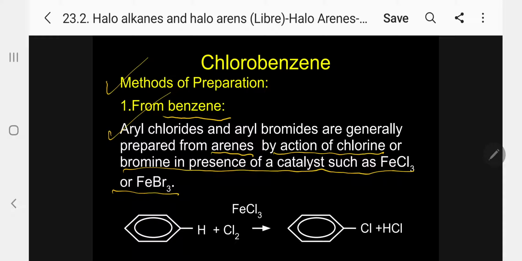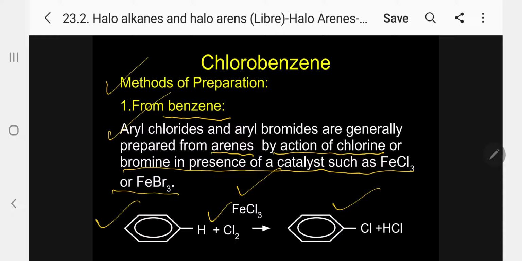From benzene I am preparing chlorobenzene by the action of chlorine in presence of catalyst ferric chloride. Suppose if we want to get bromobenzene, I will use bromine in presence of ferric bromide. That is the only difference.